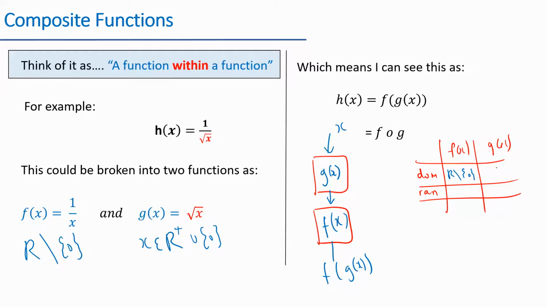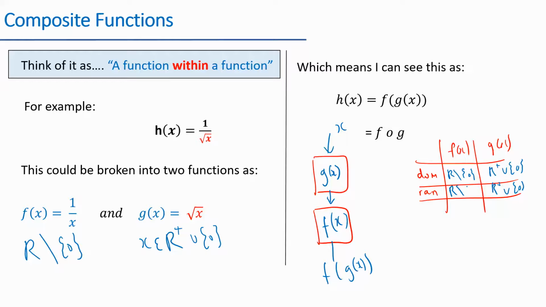Okay, g of x, we know that the domain was r plus union 0. What's the range of g of x? Including 0. So r plus union 0 as well. Good. What's the range for f of x? Good.